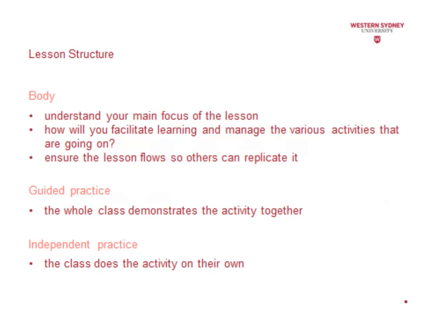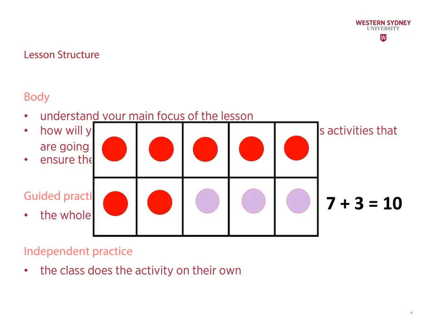Now I'm going to focus on the body of the lesson. Children move to their desks, and we're going to engage in guided practice. We're going to complete one example together. I might get out my 10 frame again, and I'll have 7 spaces filled in the 10 frame.